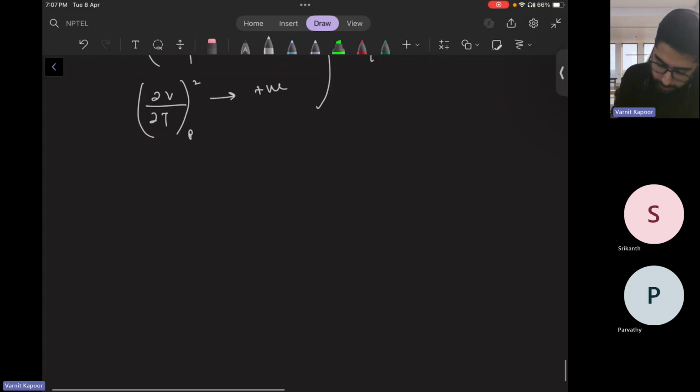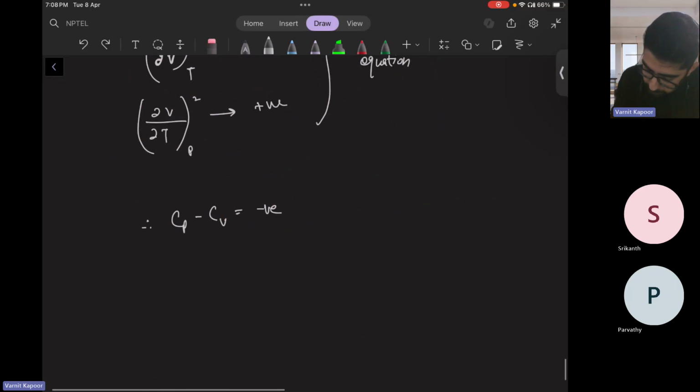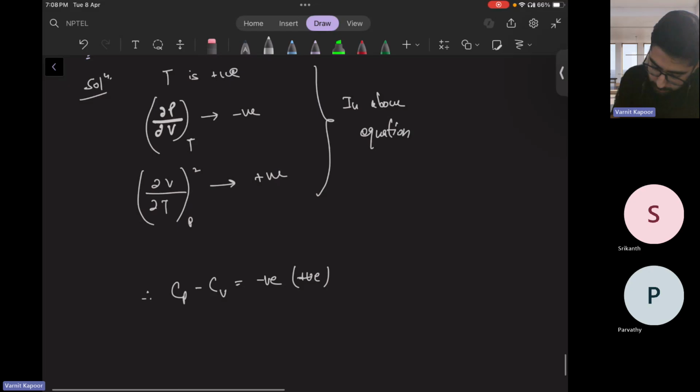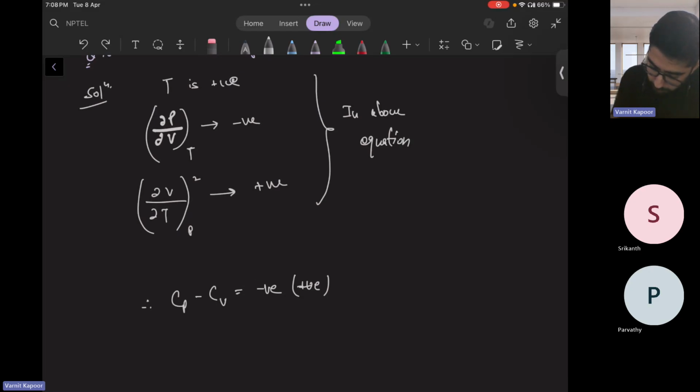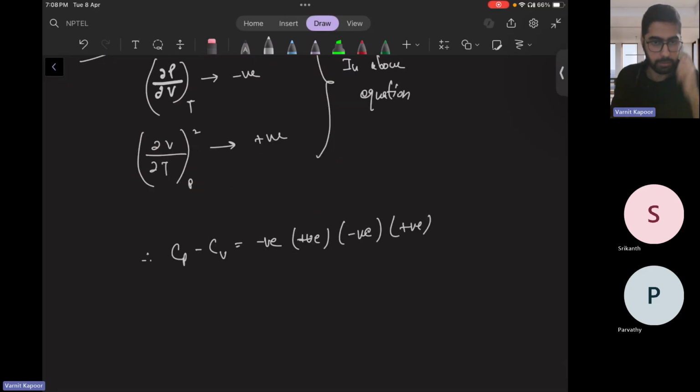All right. Therefore, Cp minus Cv is nothing but negative, this negative sign. Then temperature is positive, then this other term is negative, we saw. And the last term is positive. So negative, positive, negative, positive.